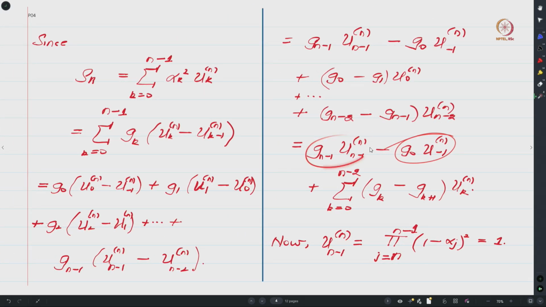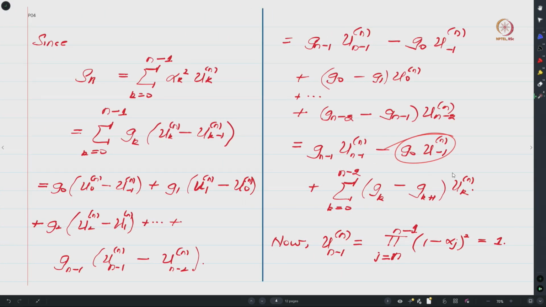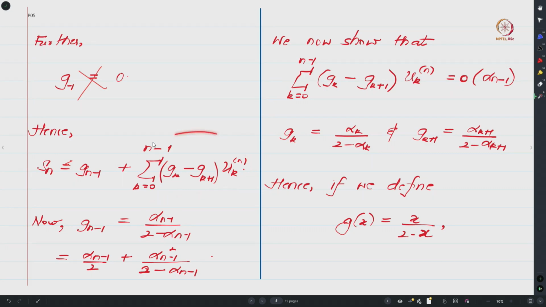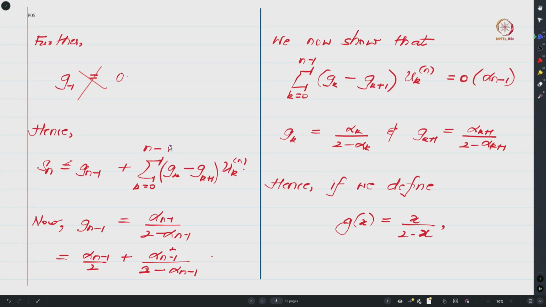All I have shown is that this expression is 1, and hence we would end up with gn minus 1 plus the sum of the remainder terms which I write over here. Here I have n minus 2, so let me make sure this is n minus 2, so I start from 0 to n minus 2. Now with this in place, let's do the analysis.